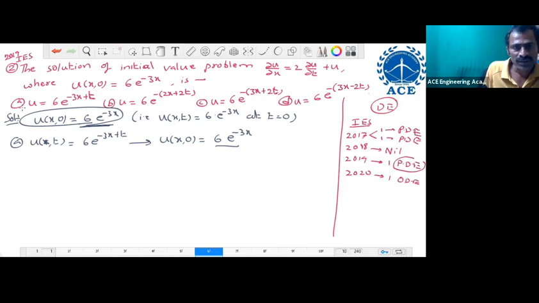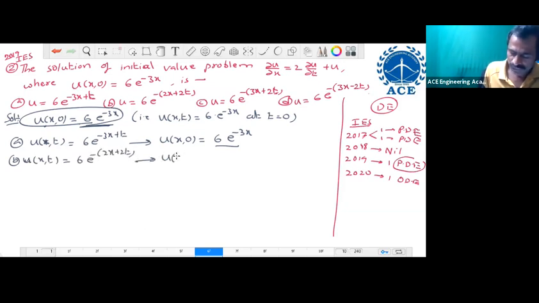We cannot choose this as the correct answer because this condition may be satisfied by more than one option also. So let us go to the next option, option B. From option B, the solution is u(x, t) = 6e^(-(2x+2t)).